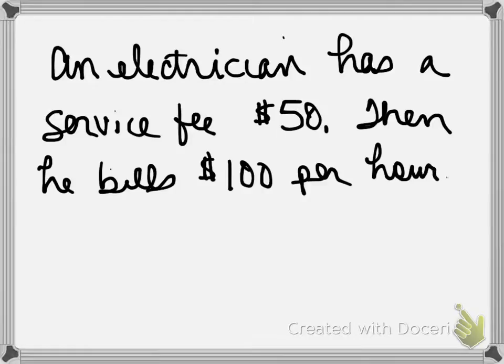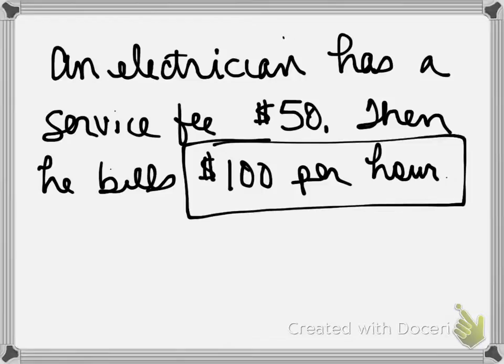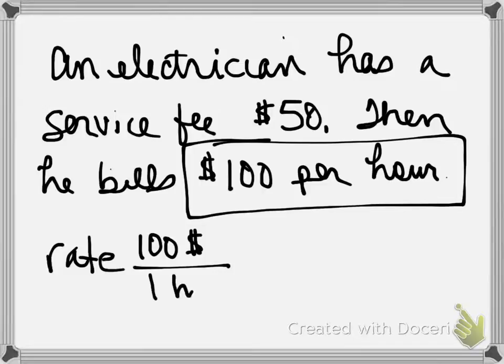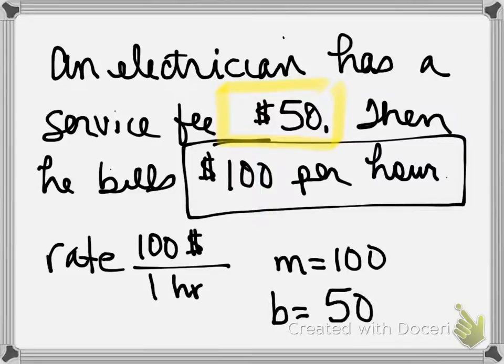So the rate is always the per. So if the rate is $100 per hour, the slope is 100. Well, because before he does any work, you already owe him $50, your y-intercept is 50.